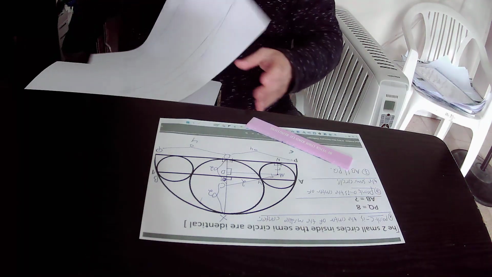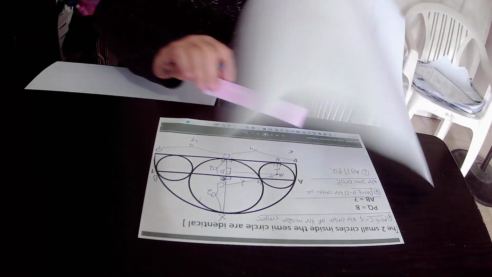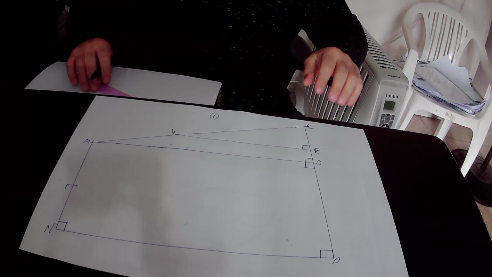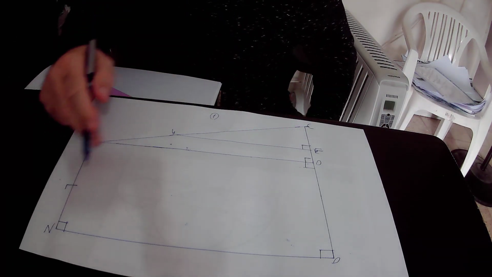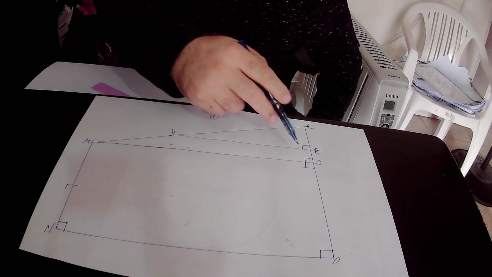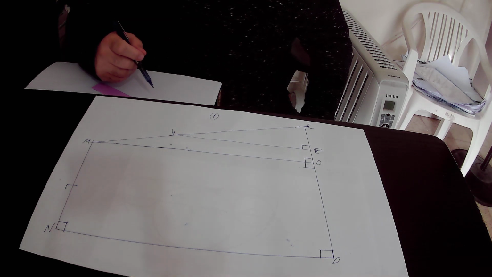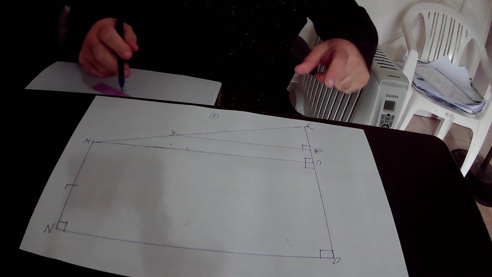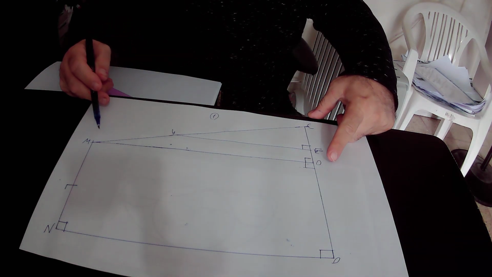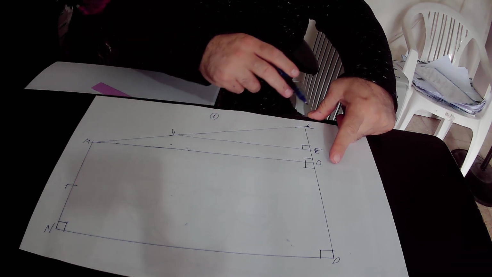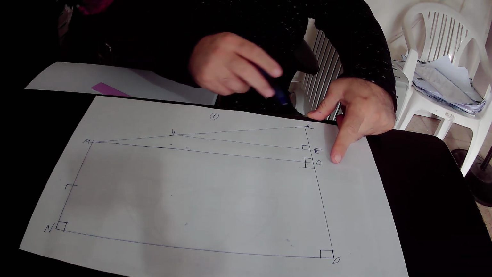So I actually draw the perpendicular MNO DO again, and also the right triangle MCD and the right triangle YEC.